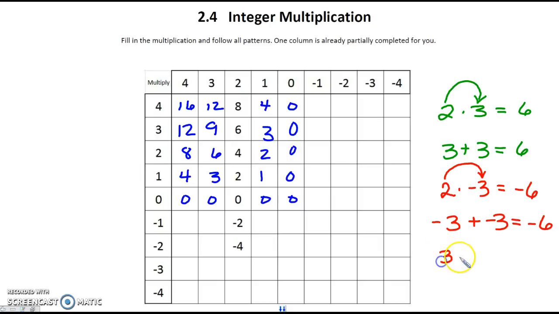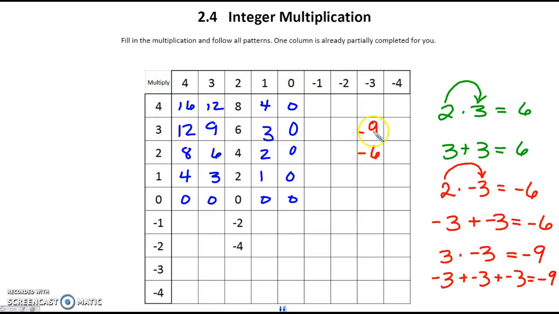What if I did 3 groups of negative 3? Well, that's negative 3 plus negative 3 plus negative 3, which gives me negative 9. So a positive 3 times a negative 3 is negative 9. Positive 2 times negative 3 is negative 6.